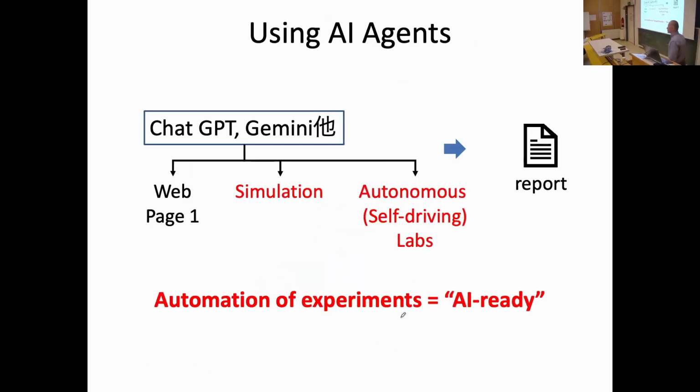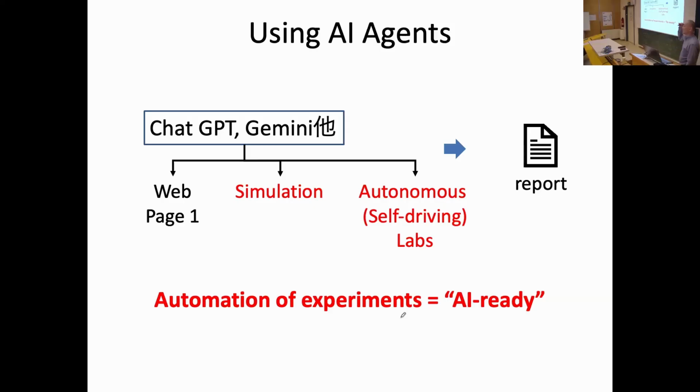And nowadays, the largest advancement in recent years is AI agents. With ChatGPT and Gemini, if we ask something, they search web pages and then report to us.